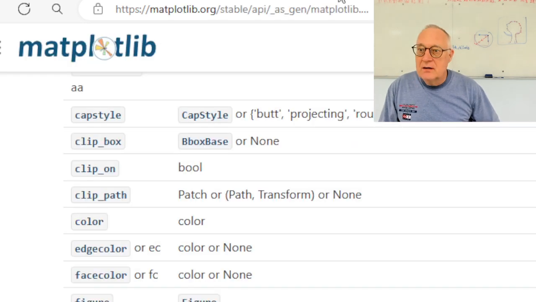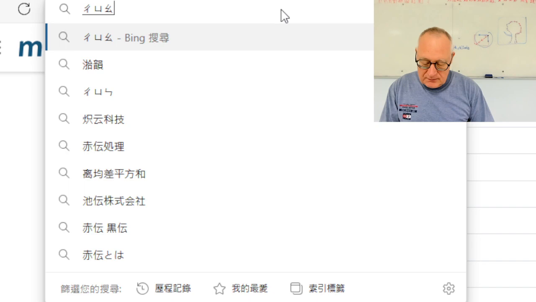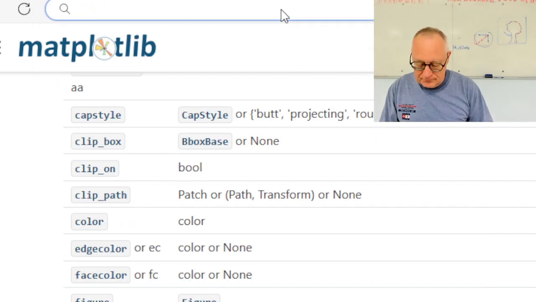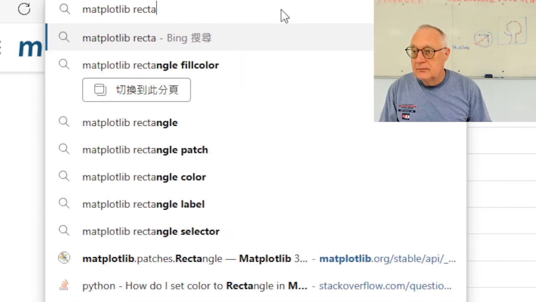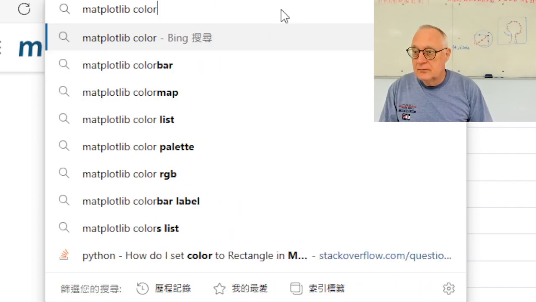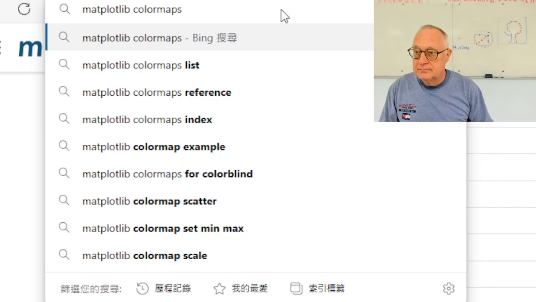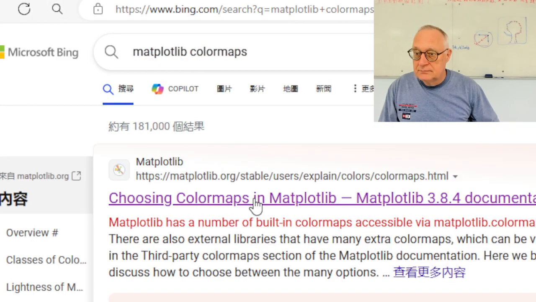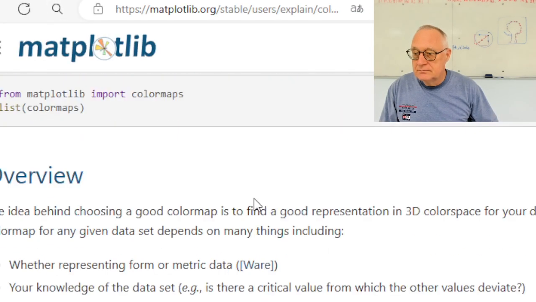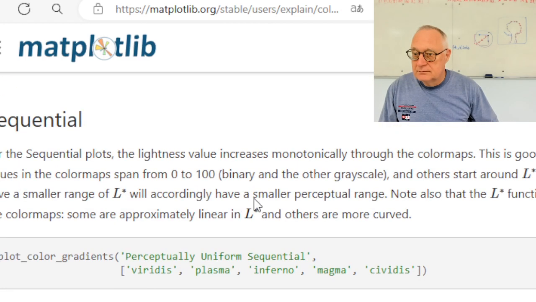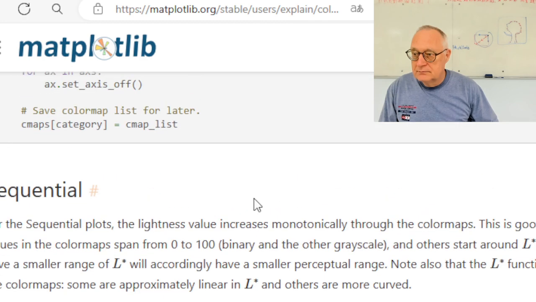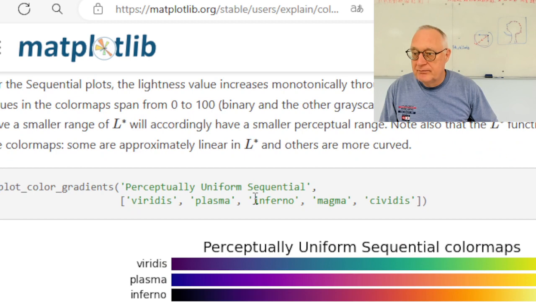And let's have a look at the matplotlib color maps. Sequential, okay. So how about plasma?